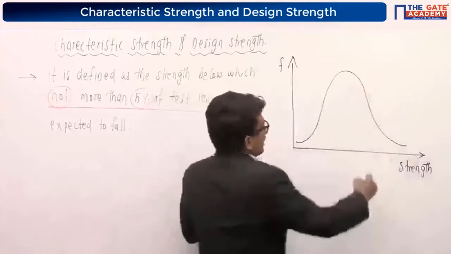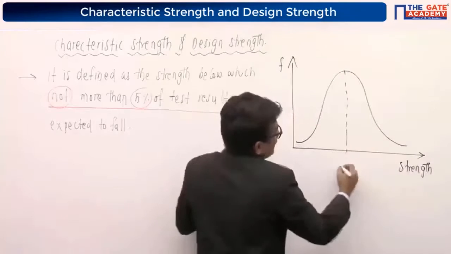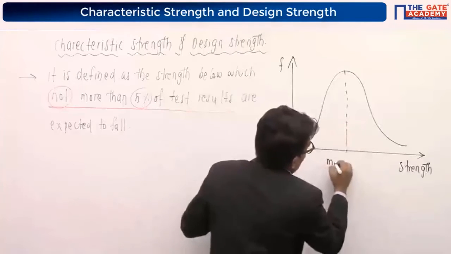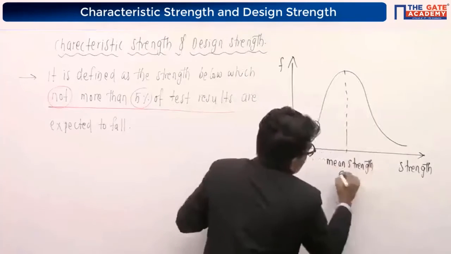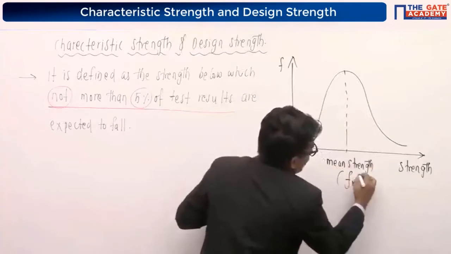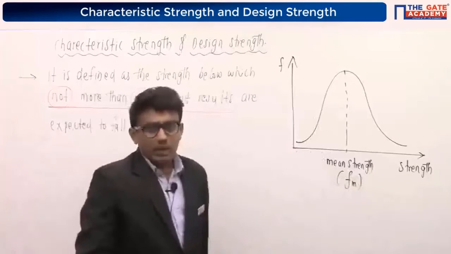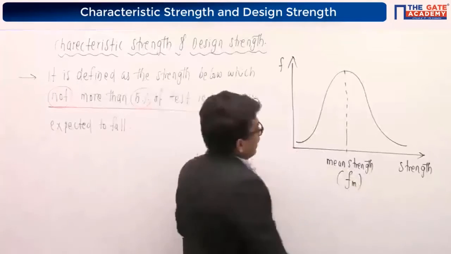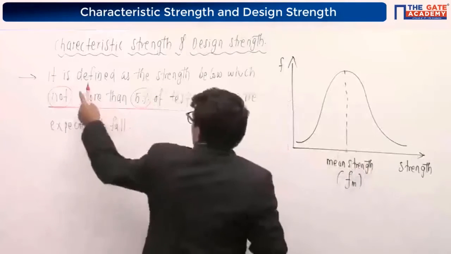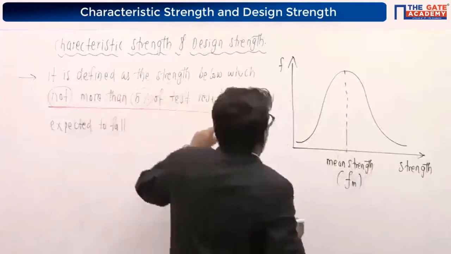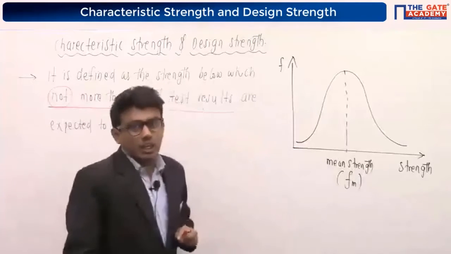In the middle, at the 50% confidence level, we will have our mean strength. Here I am going to denote it with fm, small f, m. That is the mean strength of the material. Then what is characteristic strength? It is defined as that strength value below which not more than 5% of test results are expected to fall.